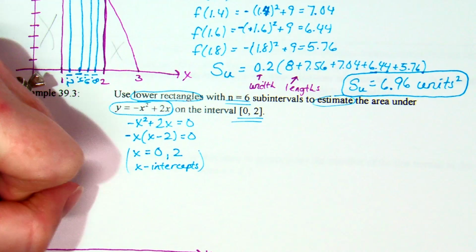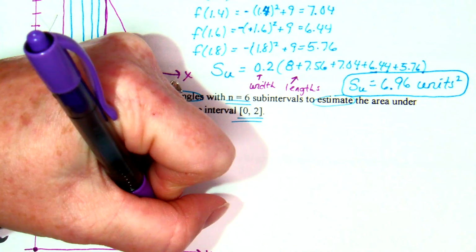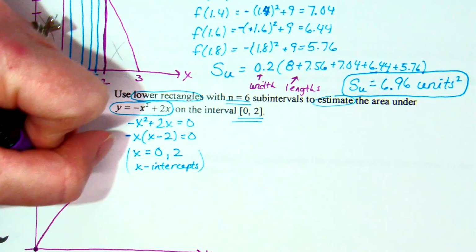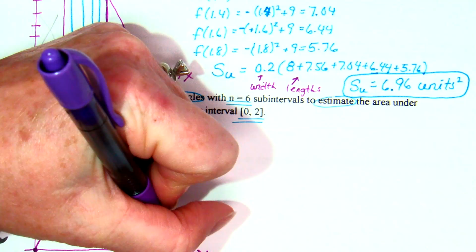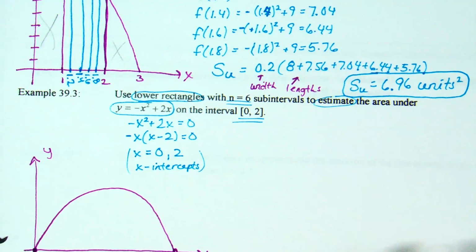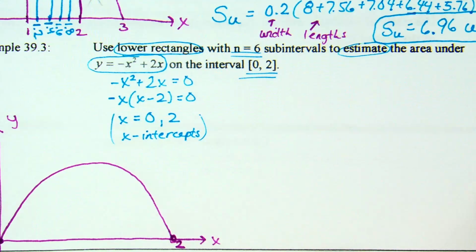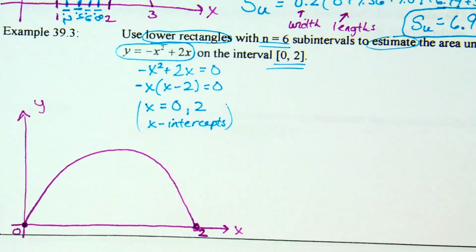So we know there's an intercept at 0, and there's an intercept at 2. And we know this is upside down. So what that means is my parabola is doing something like this, where it's upside down from 0 to 2.